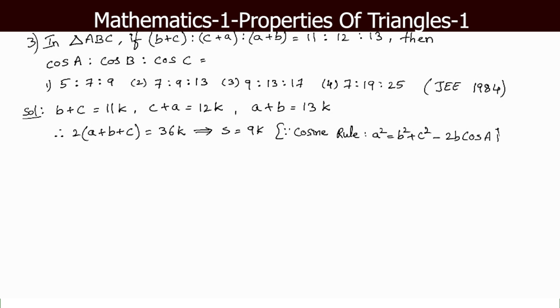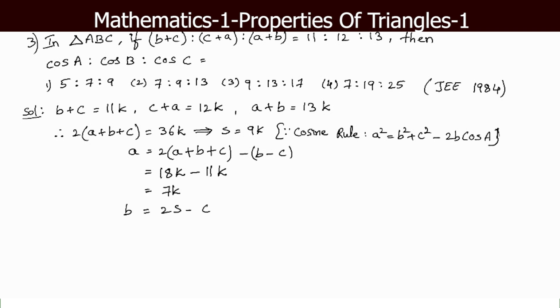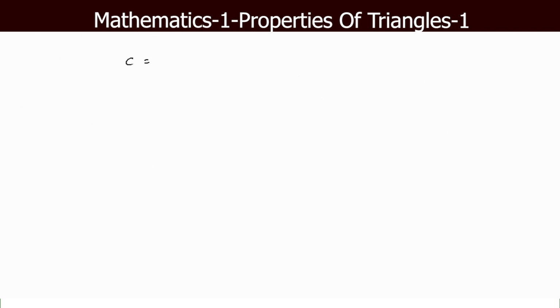So a is equal to, you know that (a plus b plus c) minus (b plus c), that is 18 minus 11, 7. And b is equal to 2s minus (c plus a), which is 18 minus 12, 6. c is equal to 2s minus (a plus b), which is equal to 5.